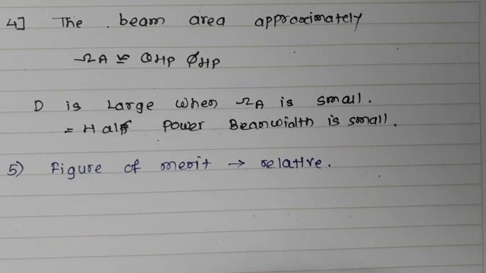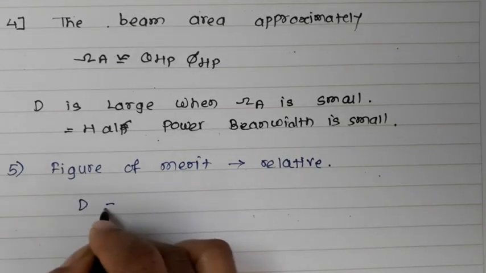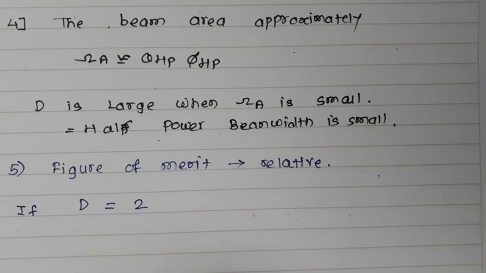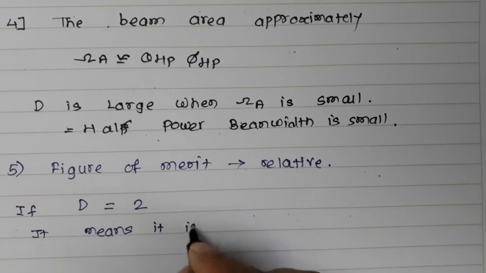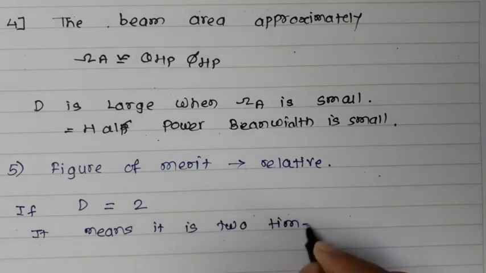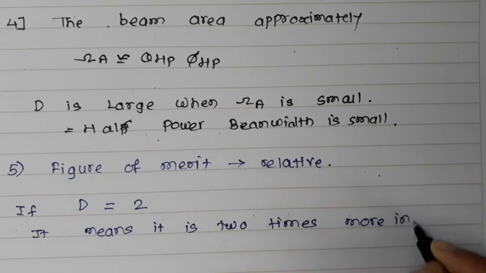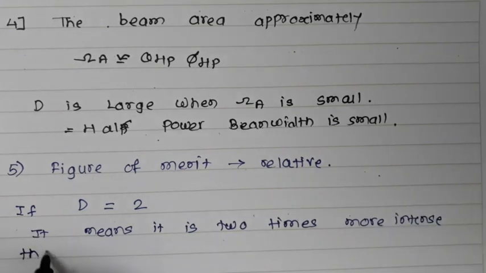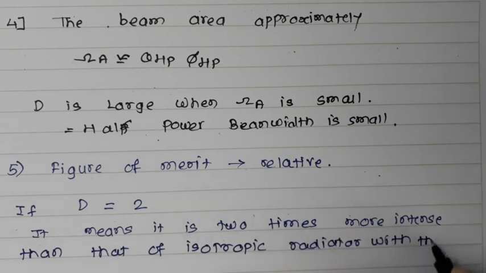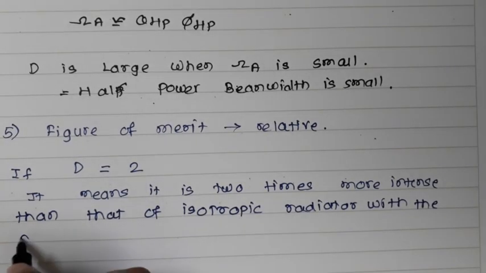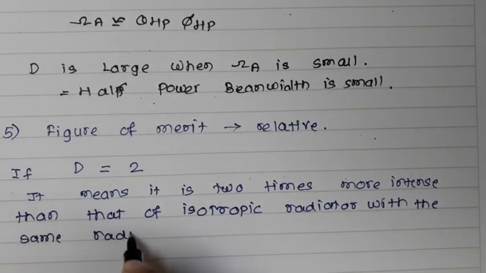For example, if the directivity is 2, it means it is 2 times more intense than that of an isotropic radiator with the same radiated power.